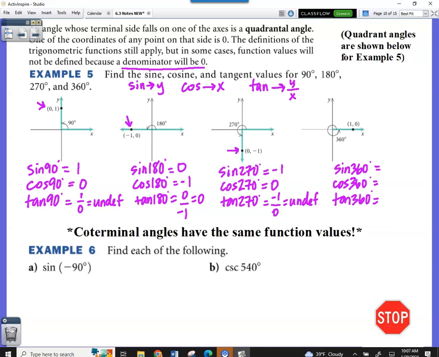Can't draw a triangle, which means you need the point. That would be right 1 and then stay. So that would be 1, 0. So sine is 0, cosine is 1, tan is 0 over 1, which is 0. Those are so simple, people miss them because they forget that you have to focus on the point. Then they forget sine is y, cosine is x, tan is y over x.